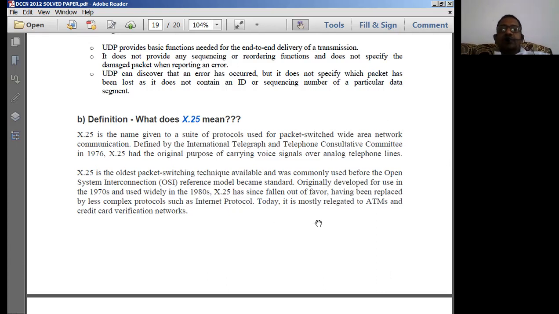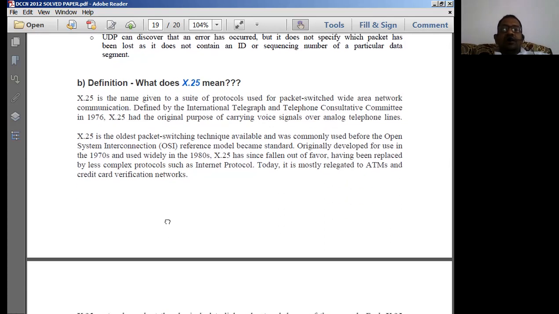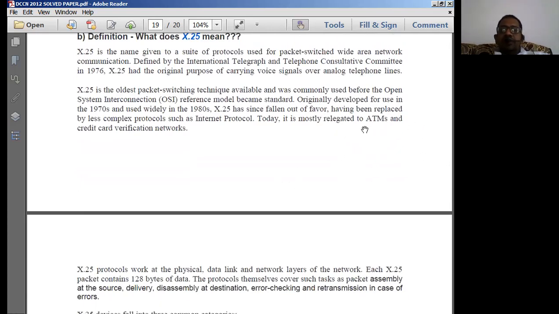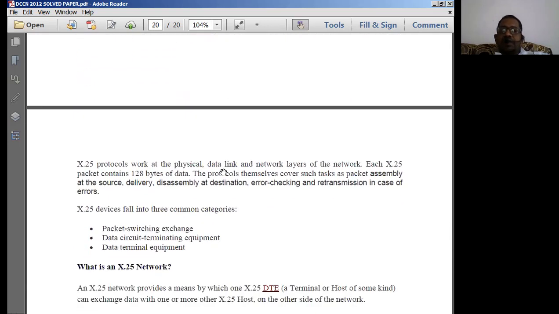Today it is mostly relegated to ATMs and credit card verification networks. Nowadays we are still using it in ATM network communications and credit card verification network communications.